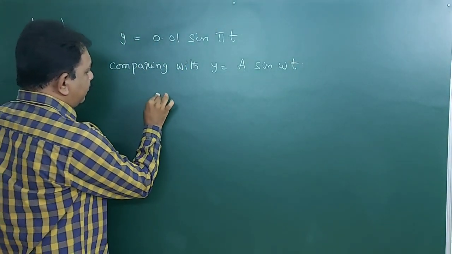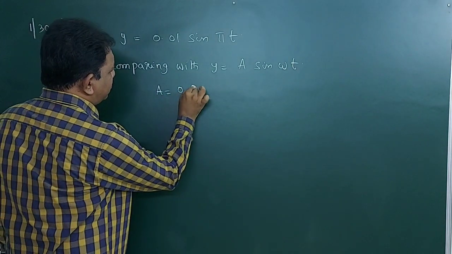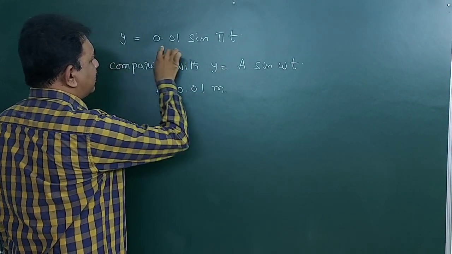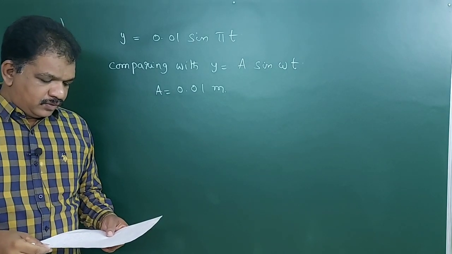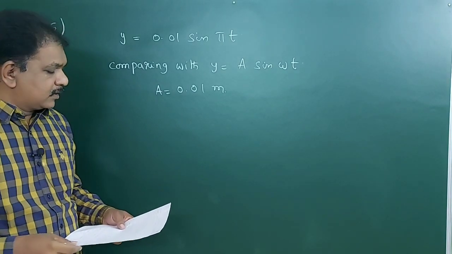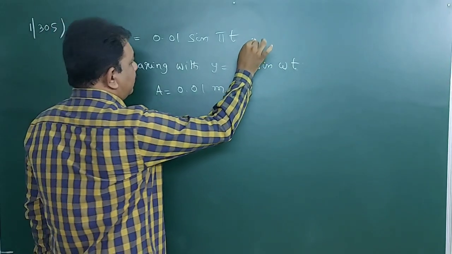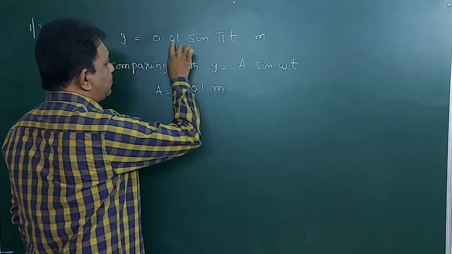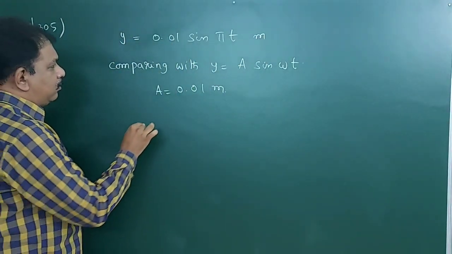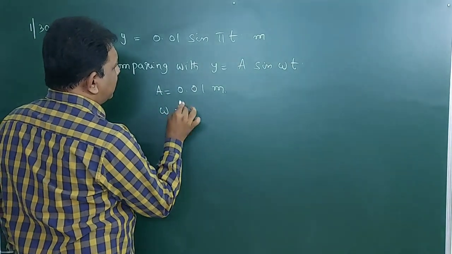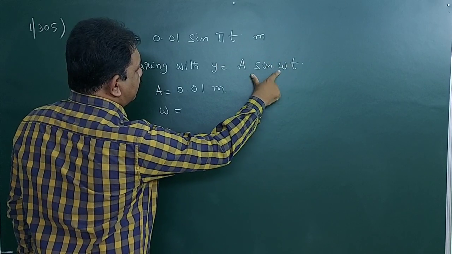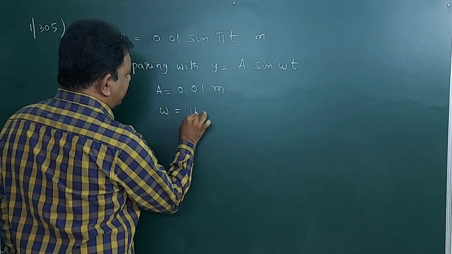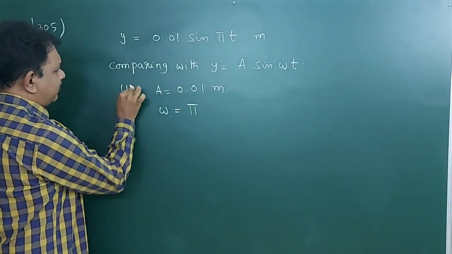Here a value will be 0.01. They are giving y in meters, so that's why a value will be 0.01 meter. Omega value, in place of omega, π is there.